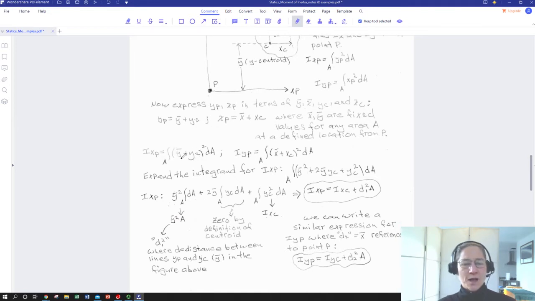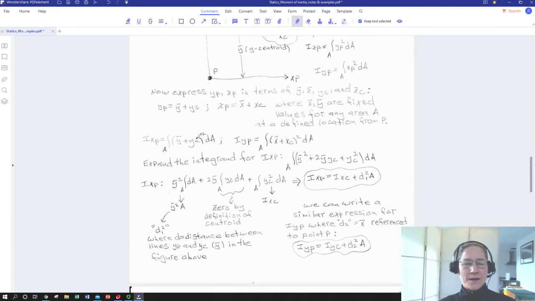So we can just plop those sums into our expressions for moment of inertia for both x and y, and then we'll go ahead and expand out those squared terms, and we end up with basically the integral of a sum of 3 terms.